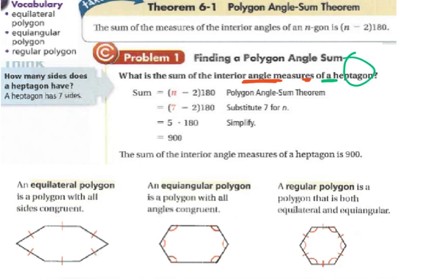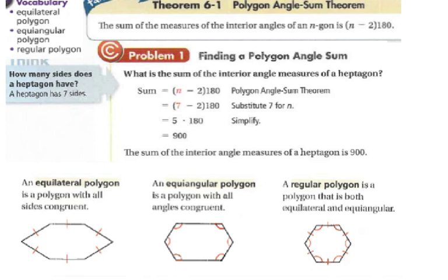So they give us an example, so let's read it and follow along, and then we'll do one of our own. It says, how many sides does a heptagon have? A heptagon has 7 sides. So it says, what's the sum of the interior angle measures of a heptagon?